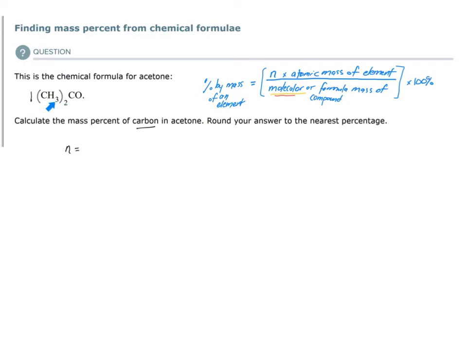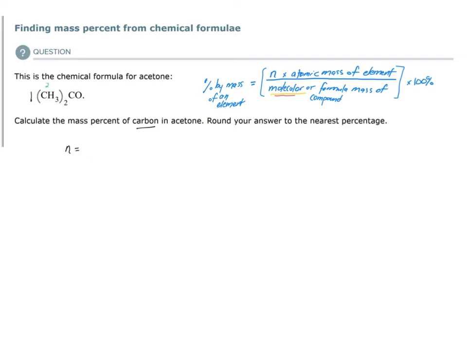Well, let's take this total number here, found by looking at the subscripts. So this 2 applies to everything within parentheses. So I have 2 carbon atoms. And then I need to ensure that carbon isn't present anywhere else in this molecule. If I scan through, I see it there.